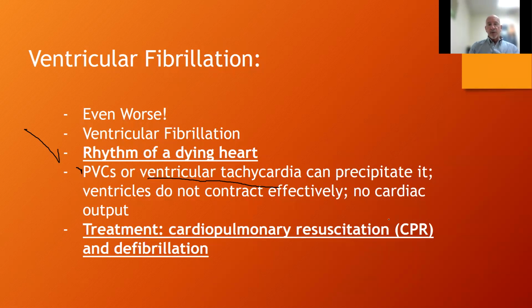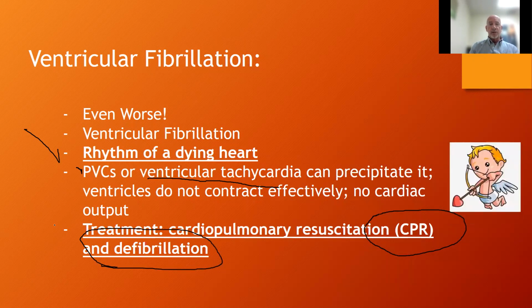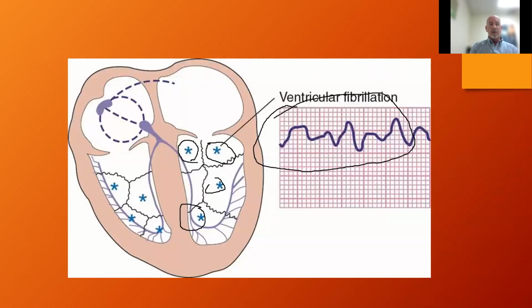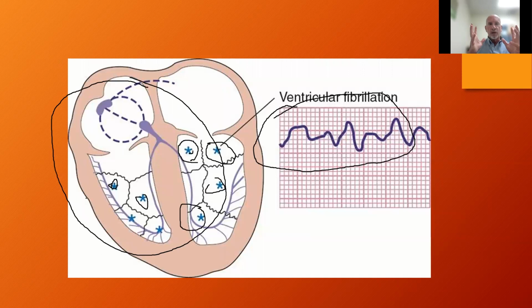Treatment, if you don't have a defibrillator, you do CPR. If you do have a defibrillator, you use it. Like I said, what you want to do is stop these little foci from firing off. The defibrillation just sends a huge shock wave through the whole heart and it stops the heart completely.